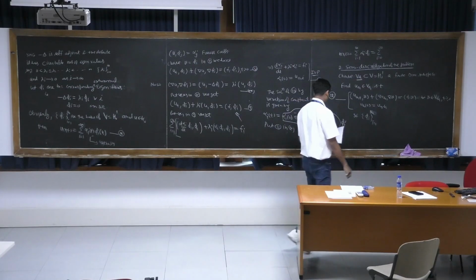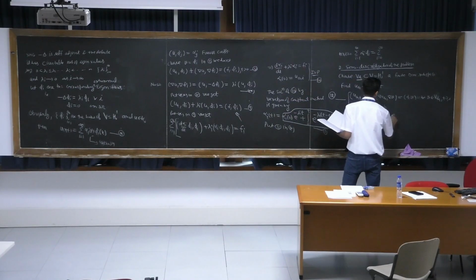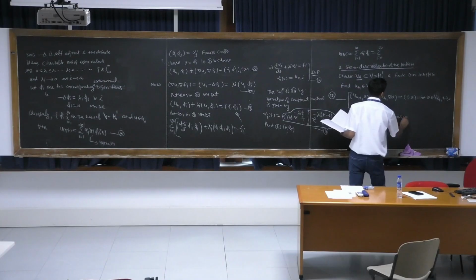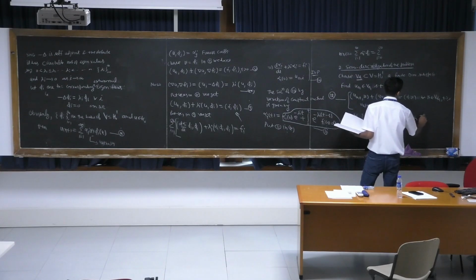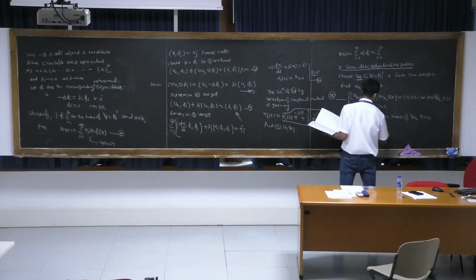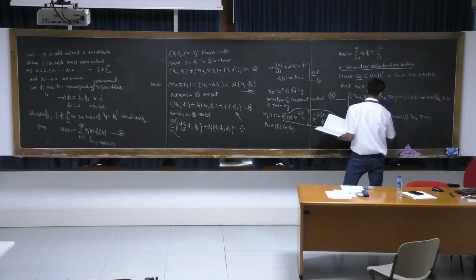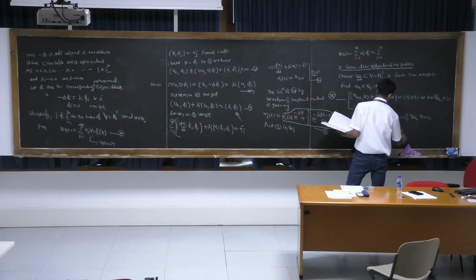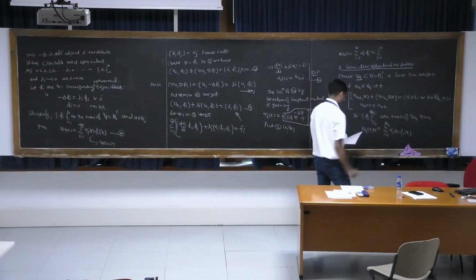So these are a basis of V_h, and then the solution u_h of x, t can be written as a linear combination of these bases, phi i of x.